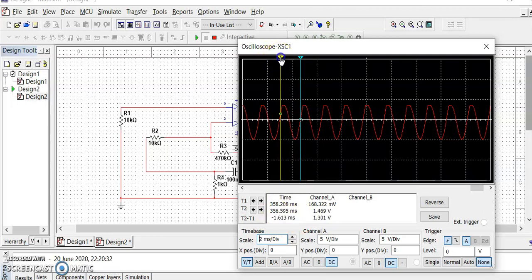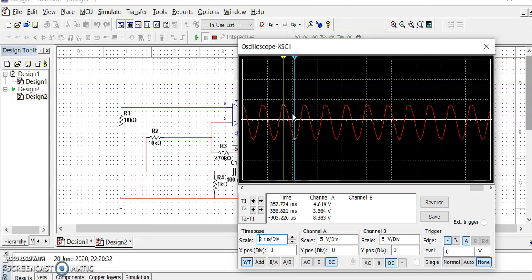And if you want the voltage of this signal, we just calculate the peak to peak voltage value by changing these markers. The peak to peak voltage value is 8.3 volts. Like this, if you change the R and C values, then automatically the time period value of this signal will change.